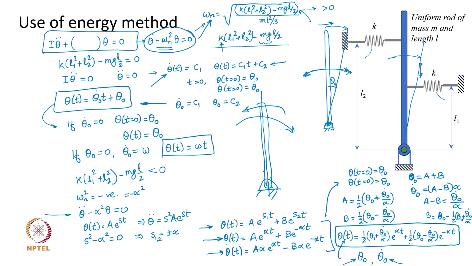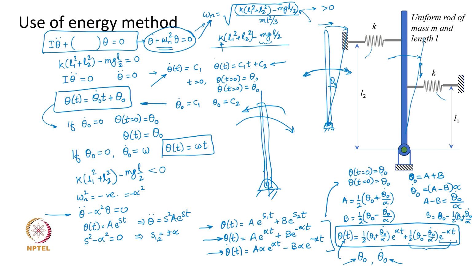Let us first figure out what we infer from the second part of this expression. The second part tells us that no matter what theta naught and theta naught dot are, the multiplying function here is e to the power minus alpha t, where alpha we have seen is a positive quantity, which means this is an exponentially decaying term.